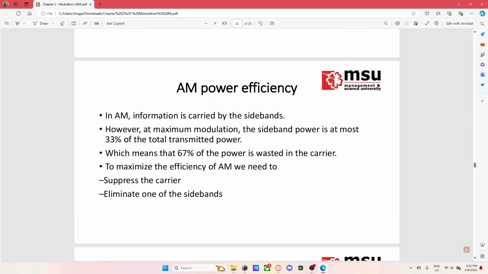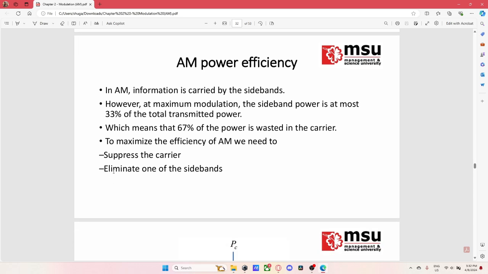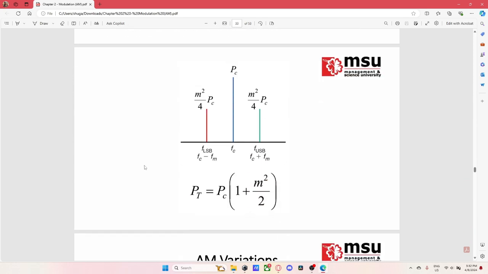In AM, information is carried by the sidebands. However, at maximum modulation, the sideband power is at most 33% of the total transmitted power, which means that 67% of the power is wasted in the carrier. To maximize the efficiency of AM, we need to suppress the carrier and eliminate one of the sidebands.